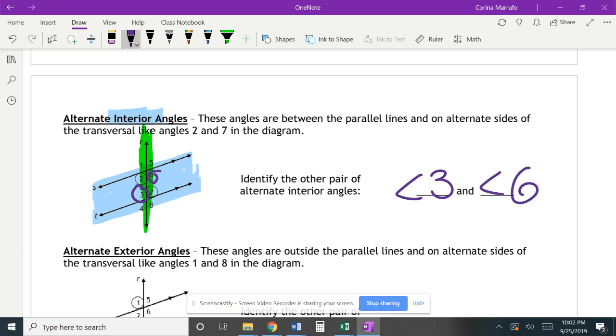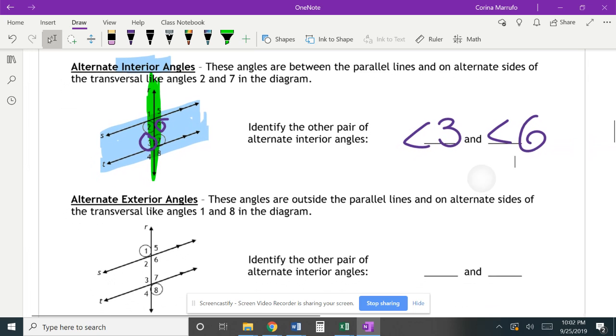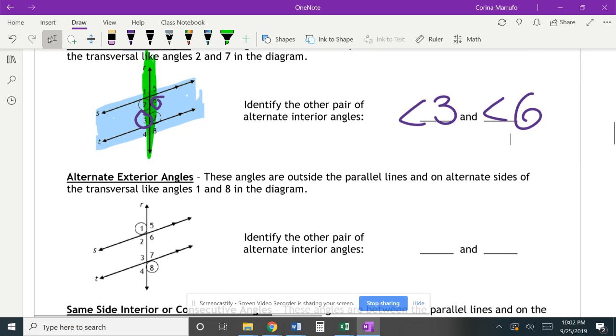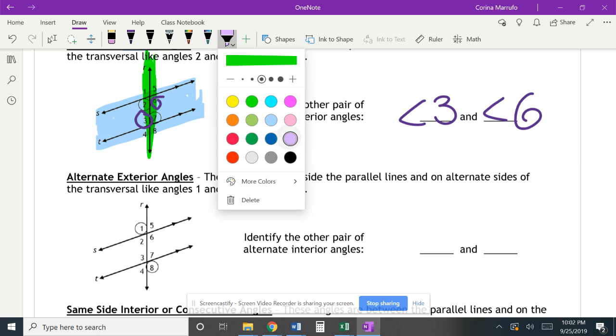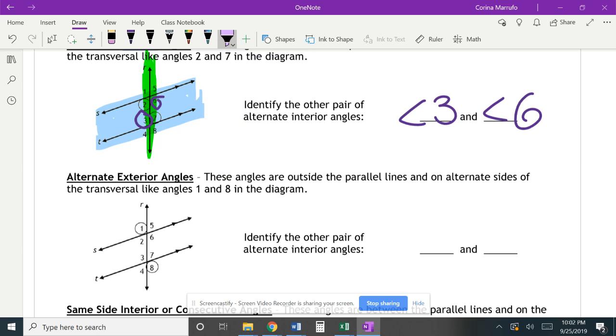All right, alternate exterior angles. These angles are outside the parallel lines and on alternate sides of the transversal, like angle 1 and angle 8 in the diagram. All right, so this is the outside of the parallel lines, so not in between. This is on the outside of them.